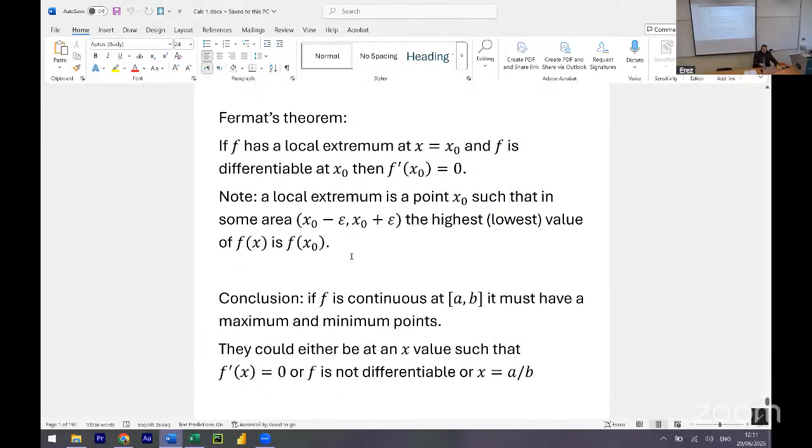Fermat says that if you have a local extremum, a point in a two-sided area on the x-axis where the value at the center point is the highest or the lowest, then if the function is differentiable, the derivative must equal 0. That's the way we find points that are suspect as extrema.